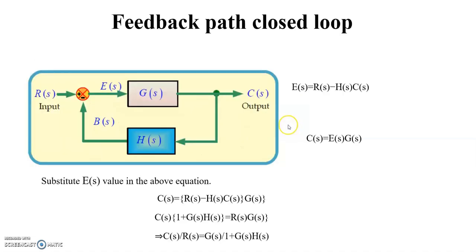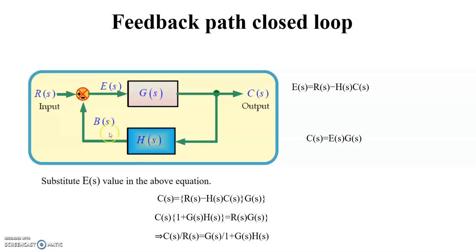Next is when the blocks are connected in feedback. So how is it simplified in the block diagram reduction technique? Here R(s) is the input signal, C(s) is the output, G(s) is the transfer function of this block, and H(s) is the transfer function of this block. This is the feedback block.